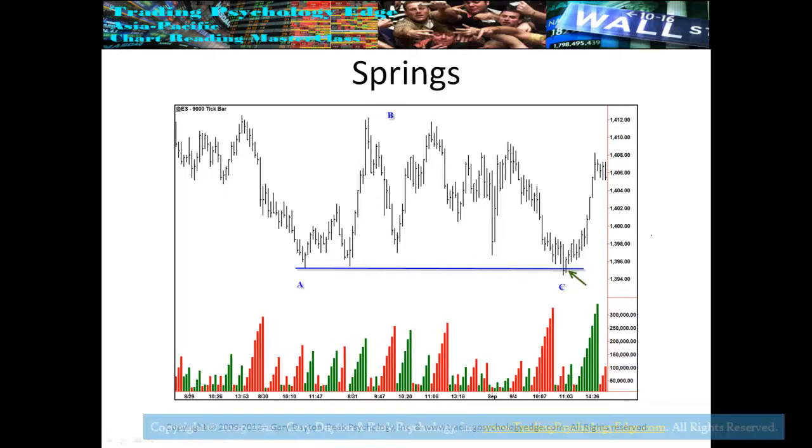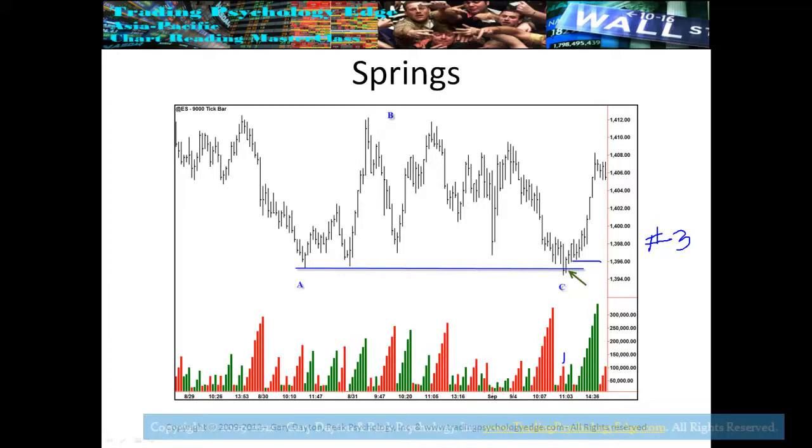We would have very low volume on the penetration, and the penetration down would be modest, just very small, okay? And this would be categorized as a number 3 spring.